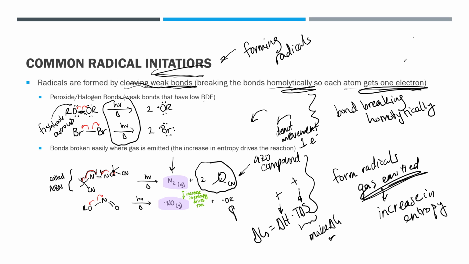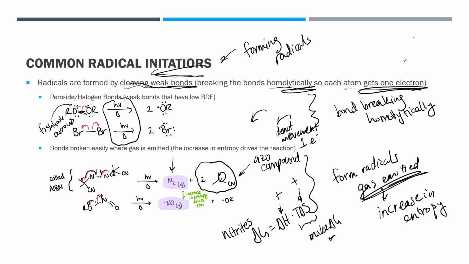The other way to form radicals is by using nitrites. This compound here, the general term for it is a nitrite. And again, you can see with the fishhook arrows I've drawn, you're taking one electron from the bond and putting it on the nitrogen, taking the other electron from the bond and putting it on the oxygen, and you form nitrogen monoxide.